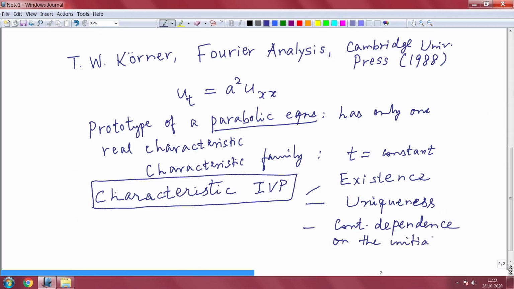Together they are known as Hadamard's well-posedness conditions.